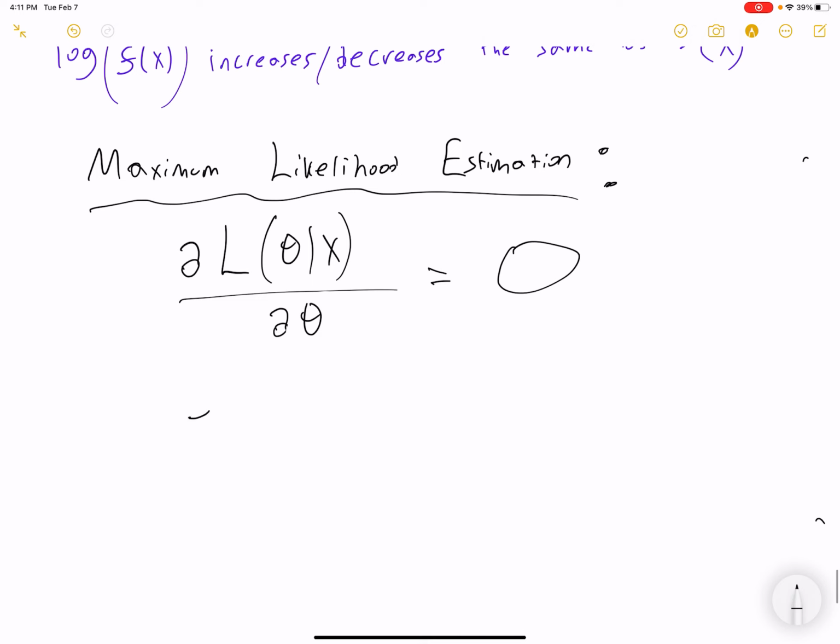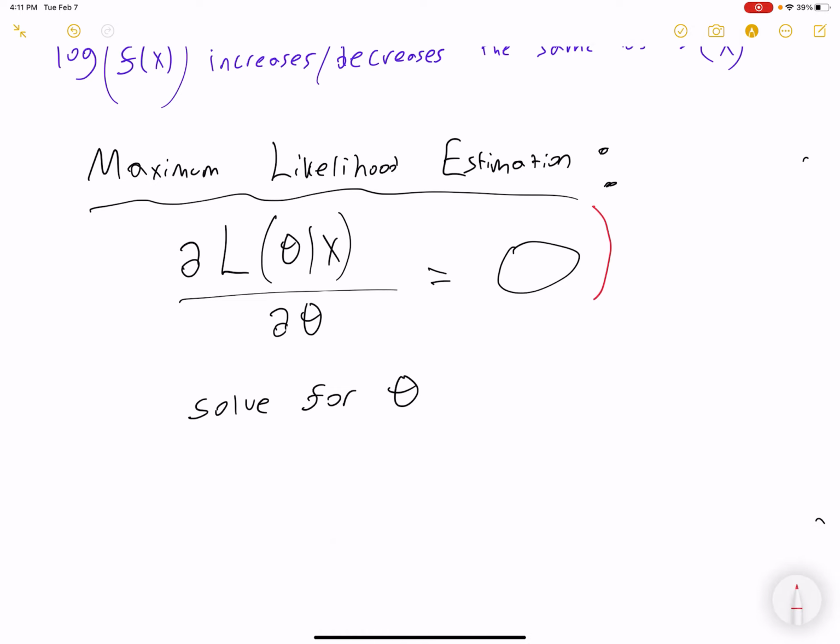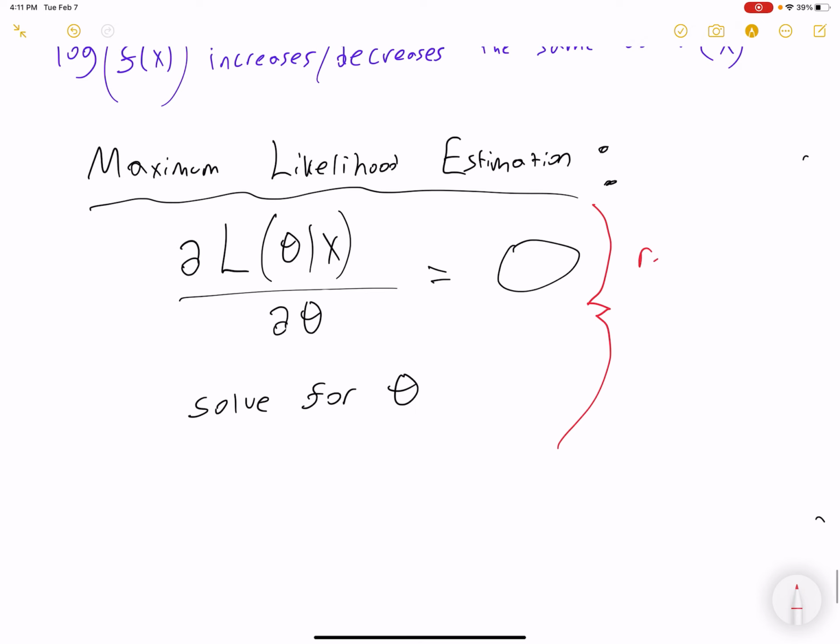And then we solve for our parameter values. That's maximum likelihood estimation. It's kind of the same as any optimization procedure. So this is just a regular optimization problem like we've seen before in this class when we covered calculus.